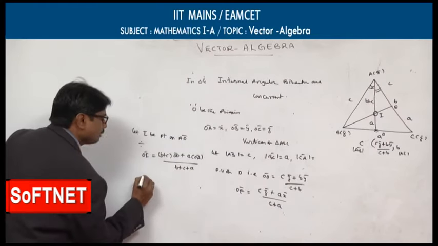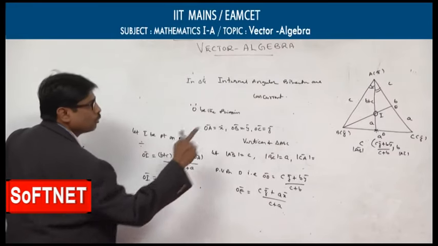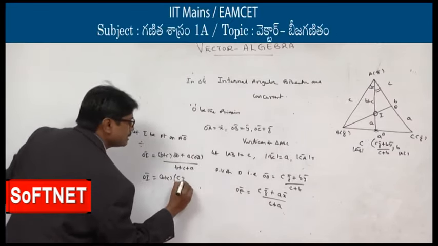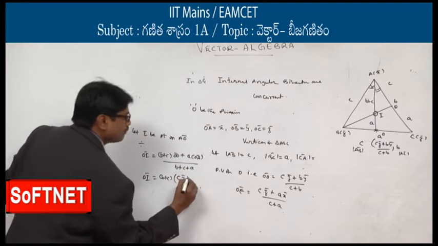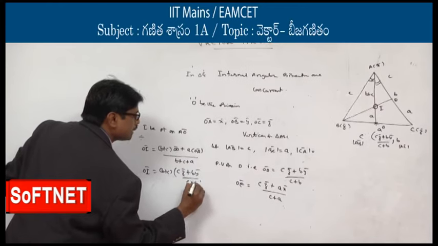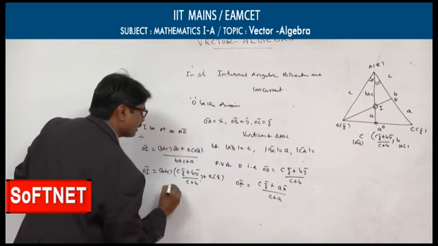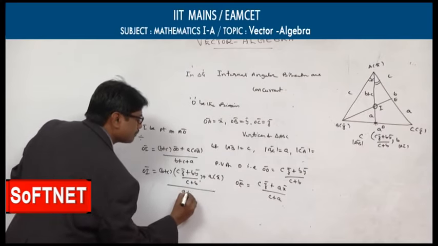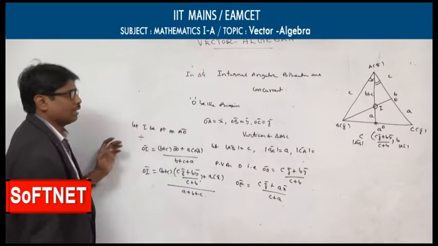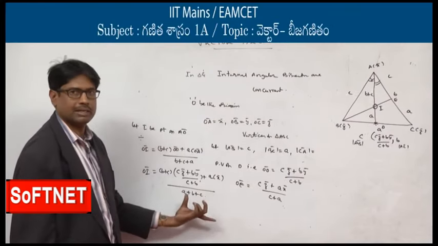That is nothing but OI bar is equal to B plus C into OD bar, where OD bar is C times Z bar plus B times Y bar divided by C plus B, plus A times X bar, all divided by A plus B plus C, because sides are real numbers, they follow the associative law and commutative law.